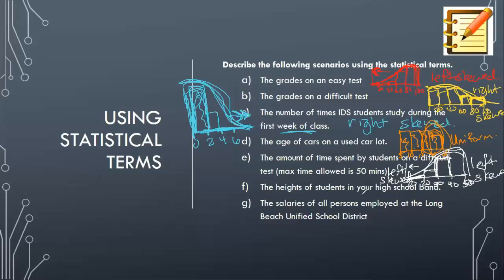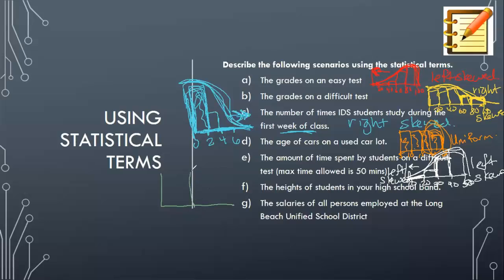All right, what about the heights of students in your high school band? A lot less kids, but I'm going to use this area right here. The heights of students in your high school band. What do you think? I personally think that usually there's a nice average height.